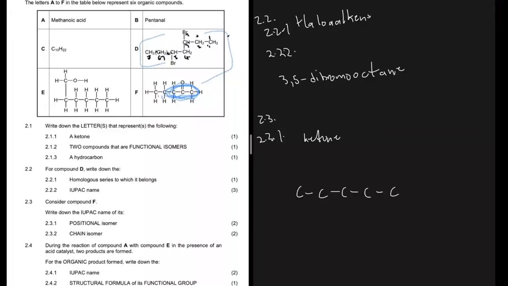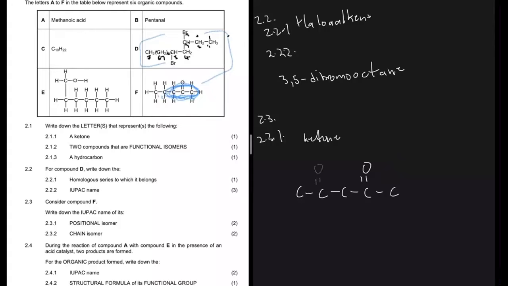So we have 1, 2, 3, 4, 5 carbons, and then the functional group is on the second carbon from the right. For it to be a ketone, the oxygen double bond should be sandwiched by carbons, right? So we cannot put an oxygen here. It becomes an aldehyde. It's no longer a ketone.